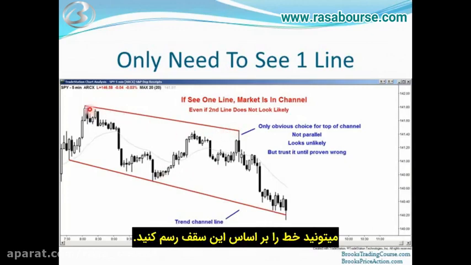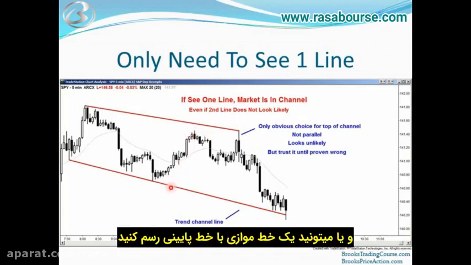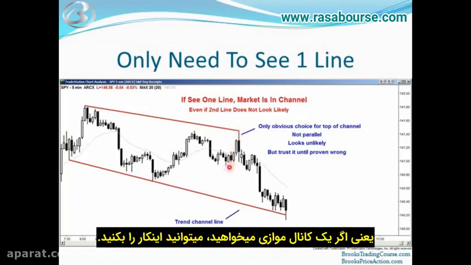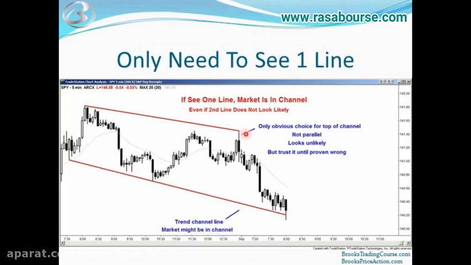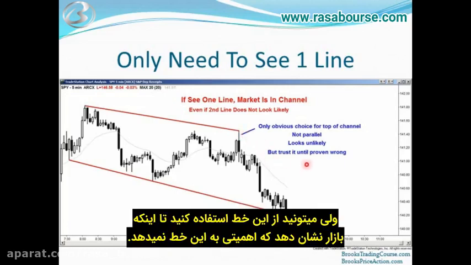You could do a best fit channel across this high, or you could do a parallel from this trend channel line and drag it up and anchor it to this high if you want to have a parallel channel. Otherwise, you can just draw this line, even though it looks like an unlikely top of the channel, and then trust it until the market proves that it's not paying any attention to that upper line.